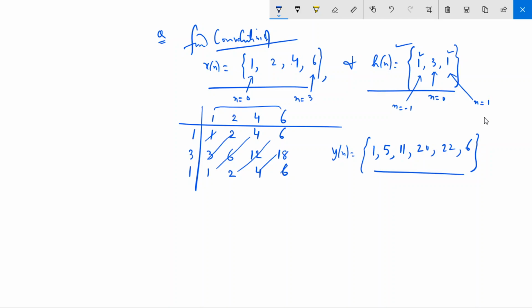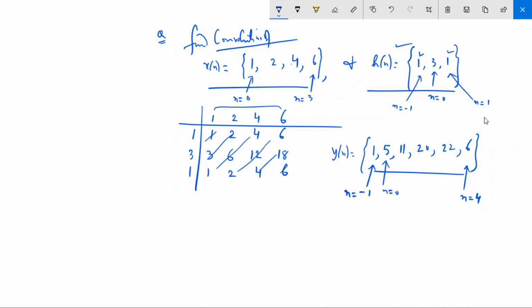It means your output will go from 0 plus minus 1, which is minus 1, to 3 plus 1, which is 4. This is at n equal to 4, this is at n equal to minus 1. So 0 will be here. So minus 1, 0, 1, 2, 3, and then 4.